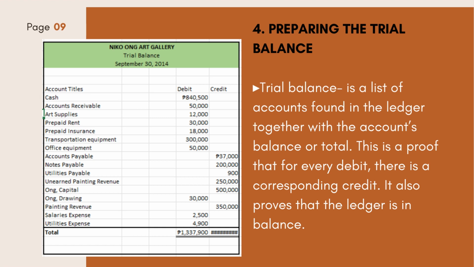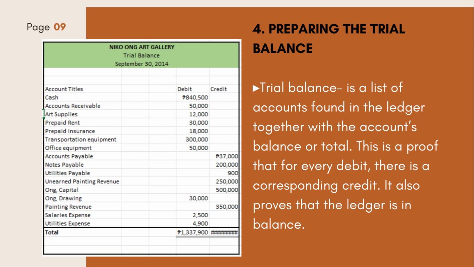The title of the company is Nico Ong Art Gallery, tapos trial balance. Don't forget to write the title, trial balance, on September 30, 2014. Cash is 340,500 pesos.